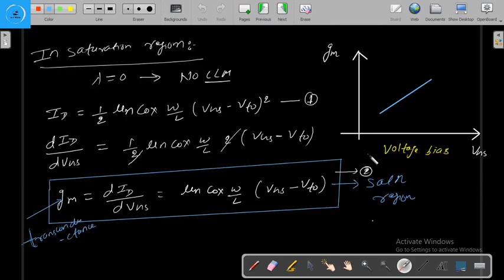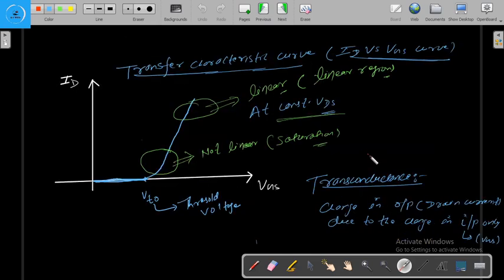So this was the discussion about the transfer characteristics curve as well as the transconductance for the MOSFET.